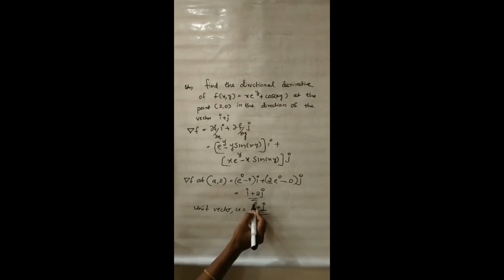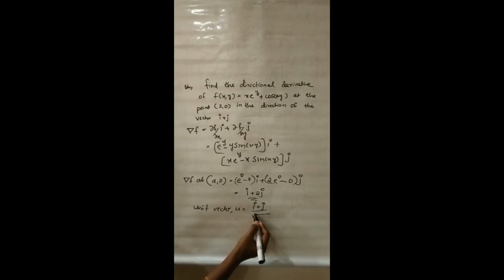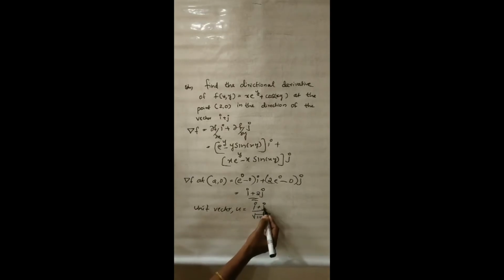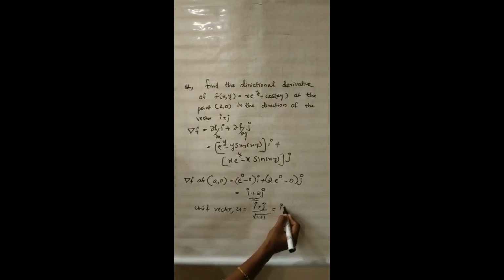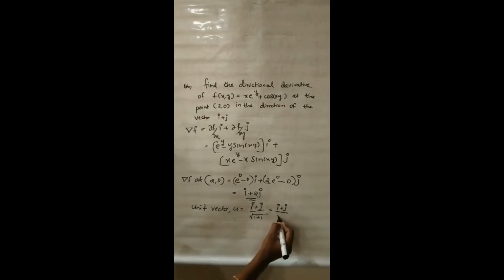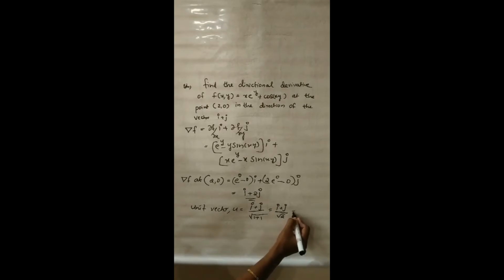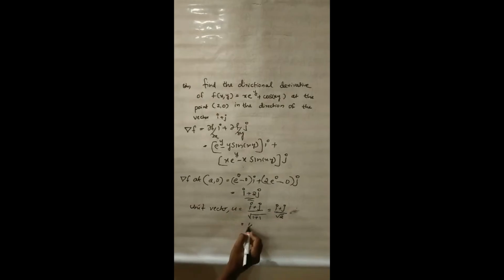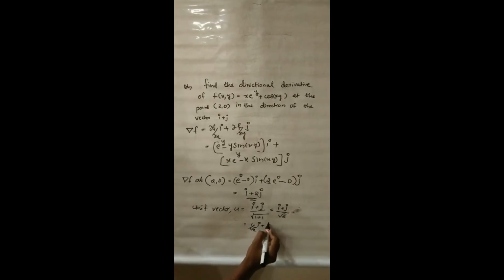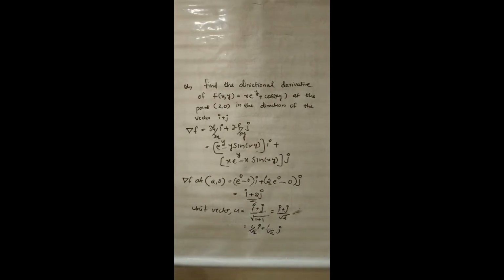The length of this vector i plus j is the square root of the i component squared plus the j component squared. Here the component of i is 1, so 1 squared is 1, plus the component of j, that is 1 again, so its square is 1. So we get the unit vector along the direction of i plus j as i plus j divided by root 2. If you want, you can write this as 1 by root 2 i plus 1 by root 2 j. That is the unit vector along the direction of the given vector i plus j.